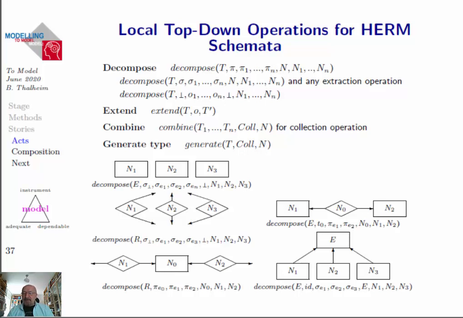We can also decompose a type in such ways that we have a relationship type between entity types, or that we have some kind of hierarchy inside that. These are all local top-down operations. We can also have local bottom-up operations.